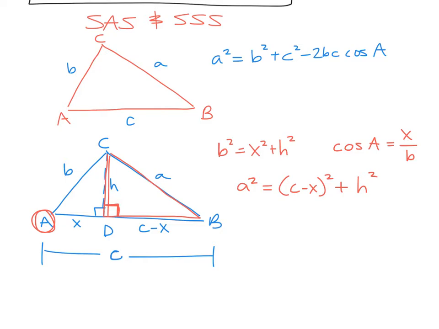Okay, do you remember how to factor (c minus x) squared? There was a shortcut you learned in algebra. If you don't remember the shortcut, which I'm assuming most people don't, you just FOIL it. But if you do remember the shortcut, life is much easier.